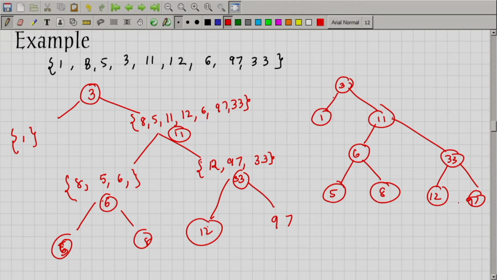If we do an in-order traversal of this tree, I will get the sorted list 1, 3, 5, 6, 8, 11, 12, 33 and 97. So, this is how the algorithm works. If we had instead of 3 chosen a different number at the start, we would have got a different tree, and depending on that tree, the running time of the algorithm could vary.